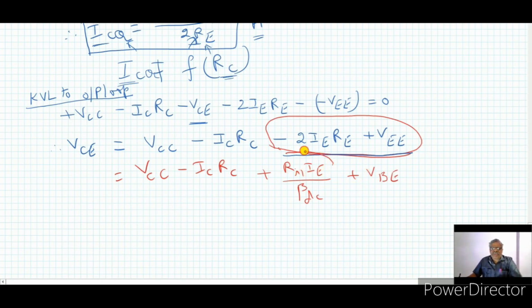Now observe this expression again. RI1 by beta DC, because beta DC is much larger, as we discussed earlier, this component is very small, so it becomes negligible and can be neglected.